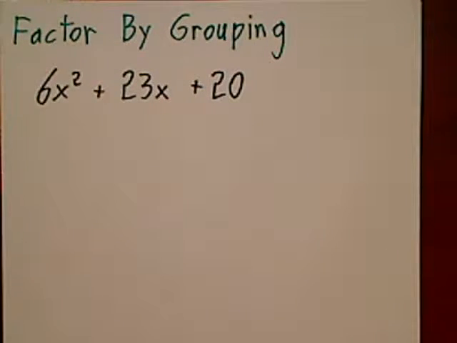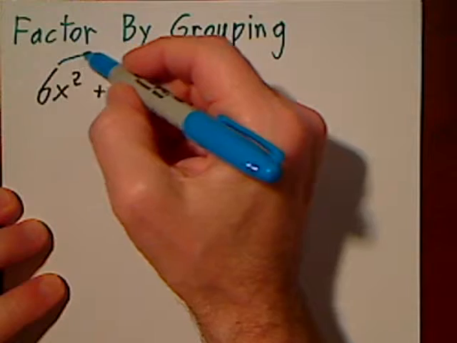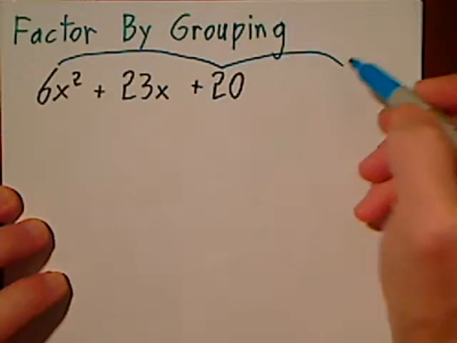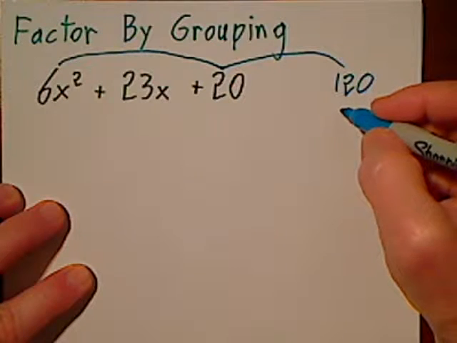Okay, it starts out just the same. You multiply first times the last. That gives you 120, and you list all the factors.